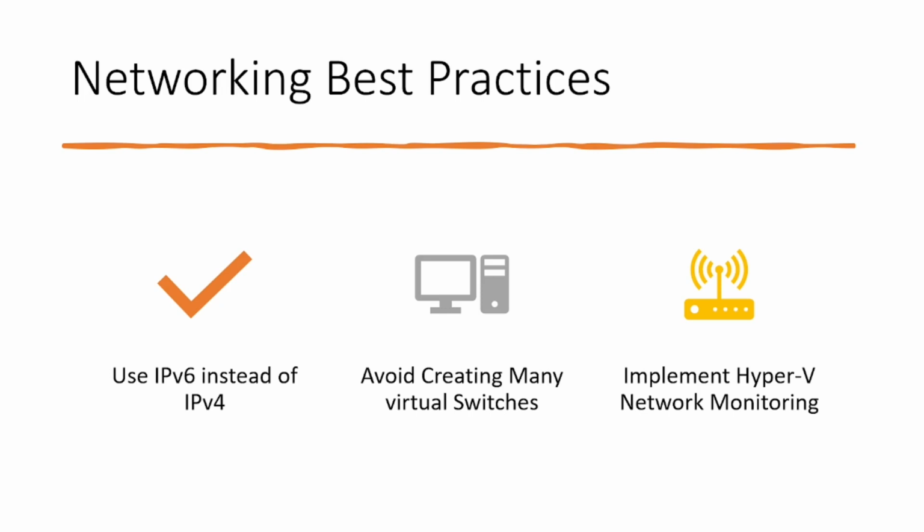So it suggests to avoid creating many virtual switches, and then it also suggests to implement the Hyper-V network monitoring so that in case of any security breaches through Hyper-V or the virtualized environment, the admins who have built that environment are aware of it.